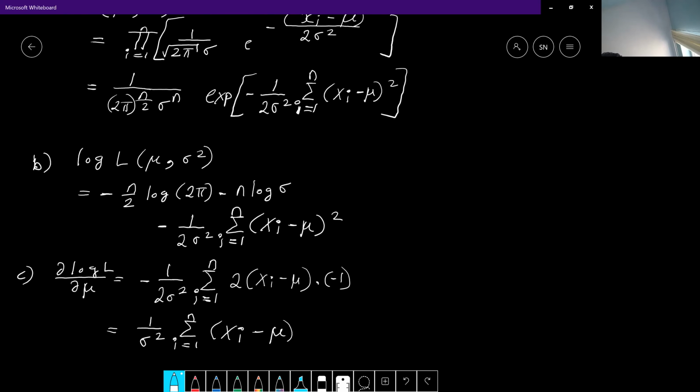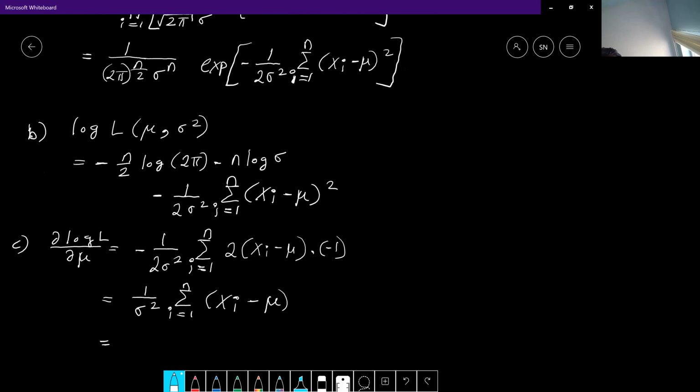And now if you take the sum inside, guys, you can write this as the sum of xi minus the sum of mu. Okay, like this.